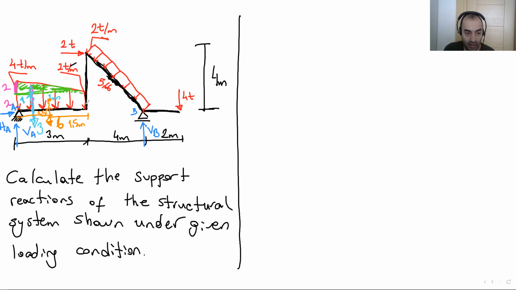As you can see, this part is perpendicular. This is 4 meter, this is 4 meter. So we have a right triangle here, and you can calculate the length of the hypotenuse. It's easy. So the length is 5.66 meter. So what is the magnitude of this uniform distributed load? 2 times 5.66.